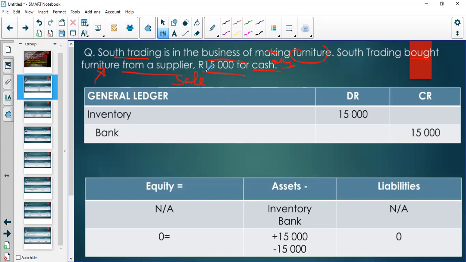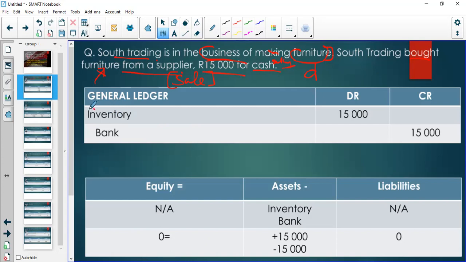We make that conclusion because the entity is in the business of selling furniture. So if they buy furniture from a supplier, then we're going to make a default assumption that they want to sell it, unless we are specifically told that it's bought for use. Then if they buy some piece of furniture for use in the company, then that's no longer inventory.